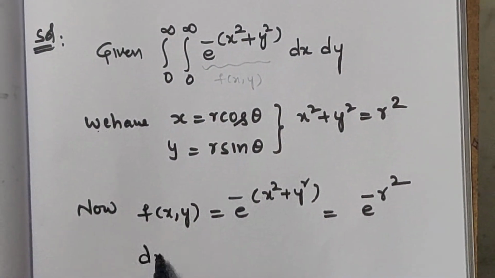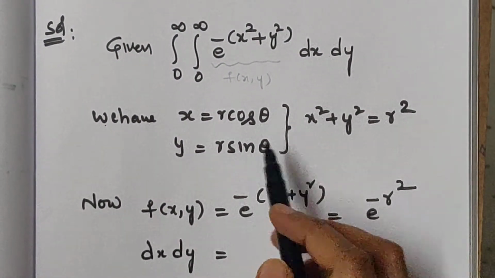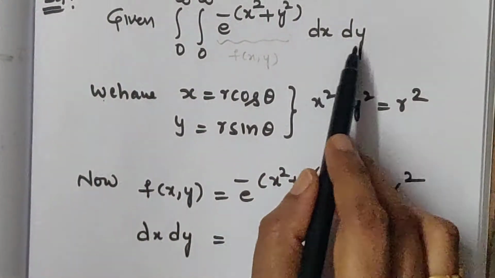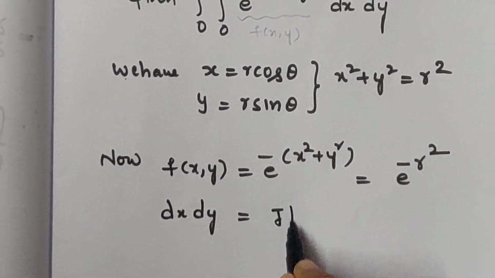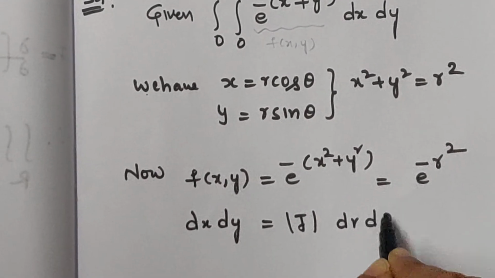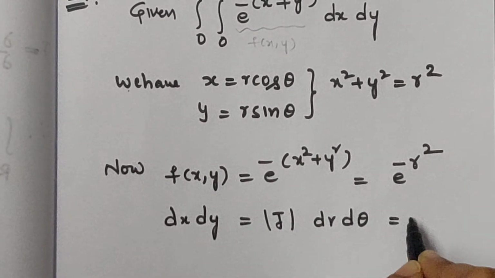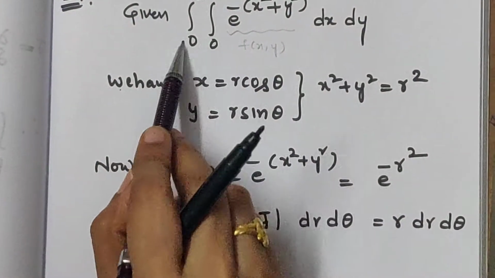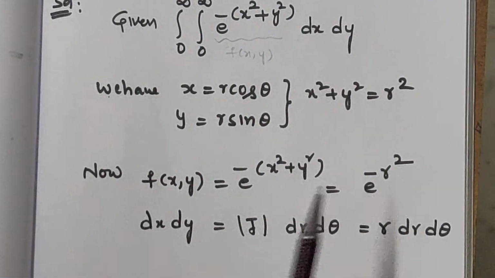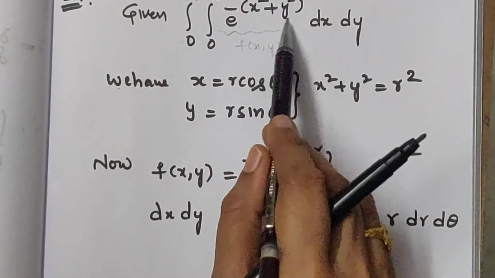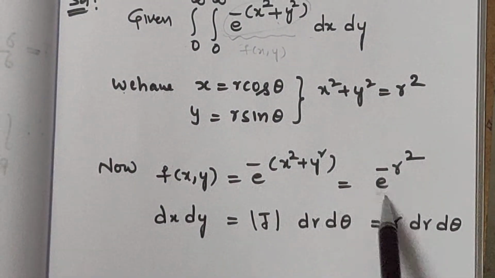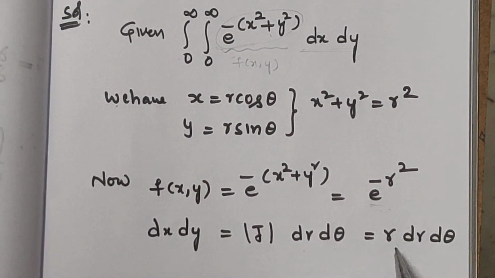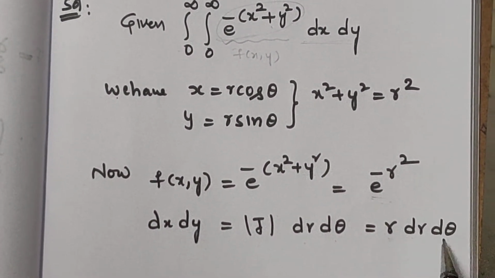Now dx dy means, by using these transformations, Jacobian dr d theta, and this Jacobian is r. That's why, if we convert the Cartesian double to the polar double integral, first convert this in terms of r and theta. Now dx dy means Jacobian dr d theta, that is r dr d theta.